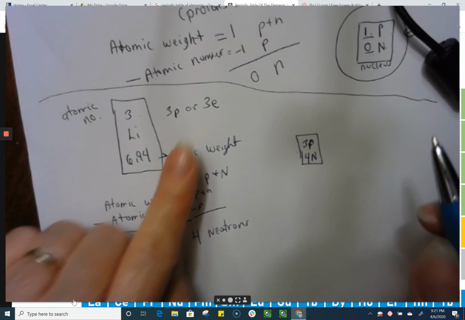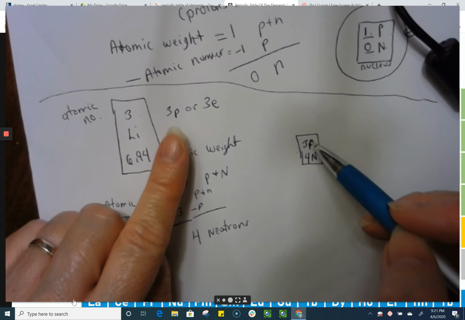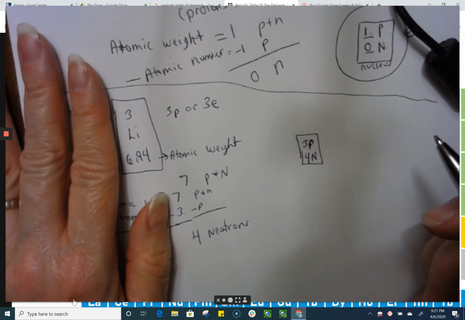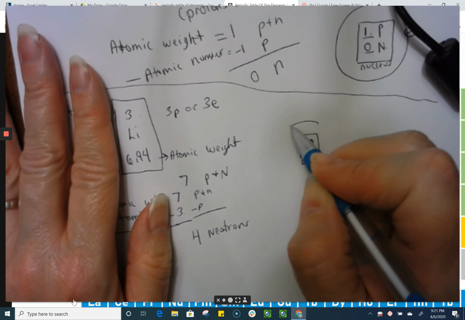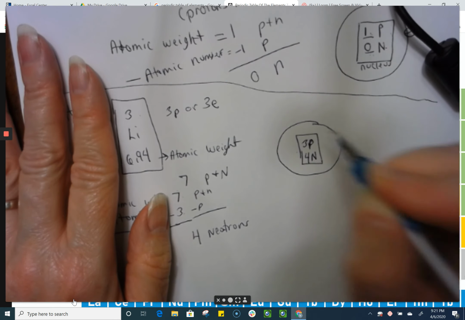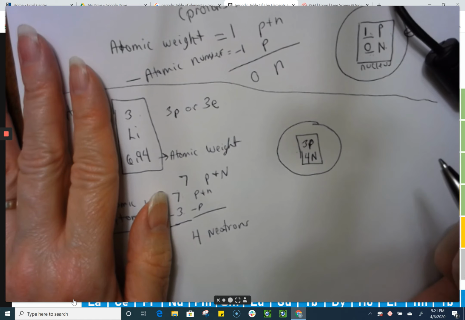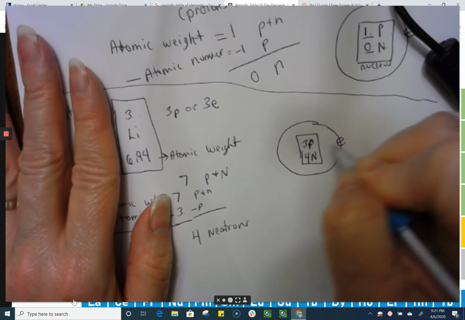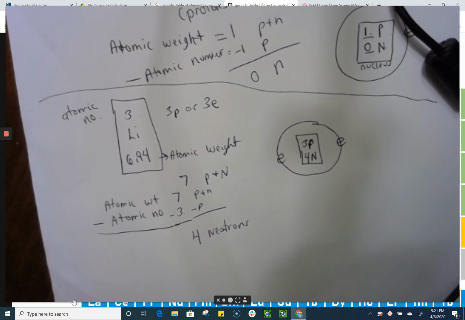Now, once again, however many protons the atom has, that's how many electrons it's going to have. This first energy level is close to the nucleus, and electrons have a negative charge, and like charges repel, so you're only going to get about 2 electrons close to the nucleus, because when they come in contact with each other, they're going to repel and push away.